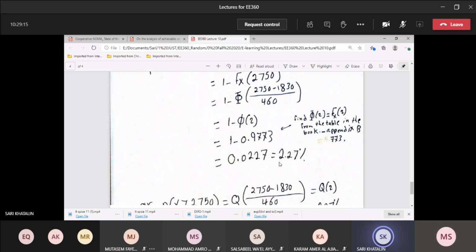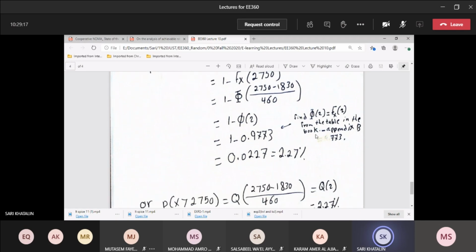Now, in our book, we have a table for phi in appendix B, and you will find it to be, this is wrong, this is 0.977. It's written here as 773. It's 0.9773.